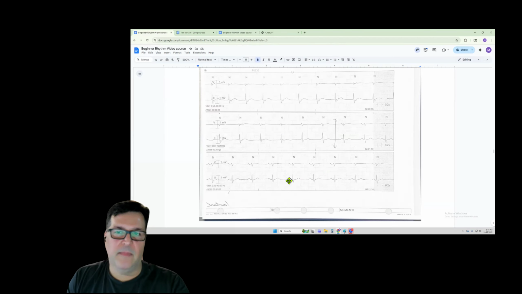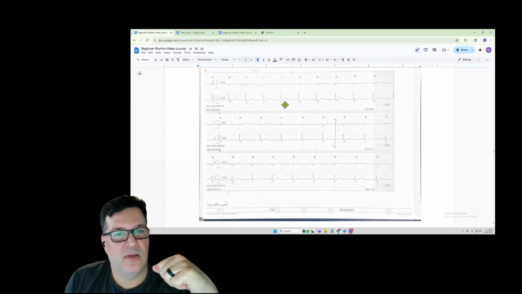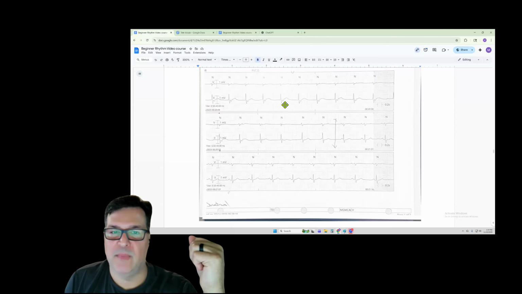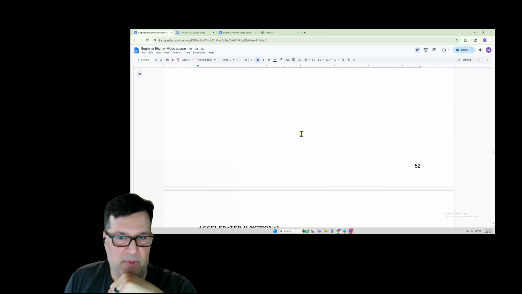This is the sinus beat. And up at the top, this particular P wave is retrograde. So this negative low dip after the QRS complex is your P wave. I shouldn't have started with that example.